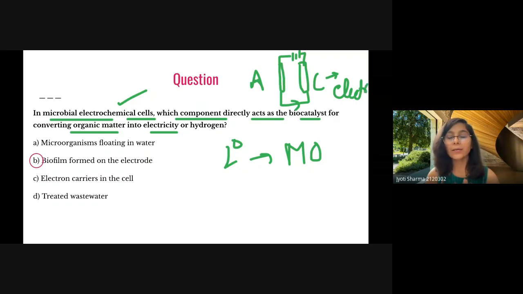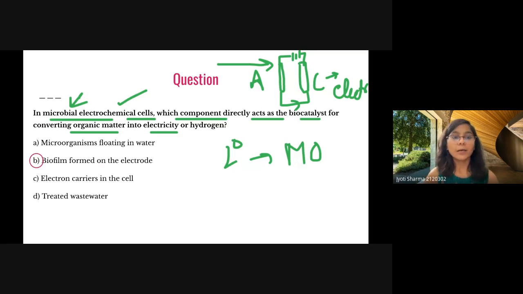If we are using microorganisms, then for example, if we have any wastewater, it will have some organic matter, and here comes the role of these microbes. These microbes will oxidize this organic material, and this is how they participate in the electrochemical cycle. Just using the organic matter in the wastewater, we can generate electricity.